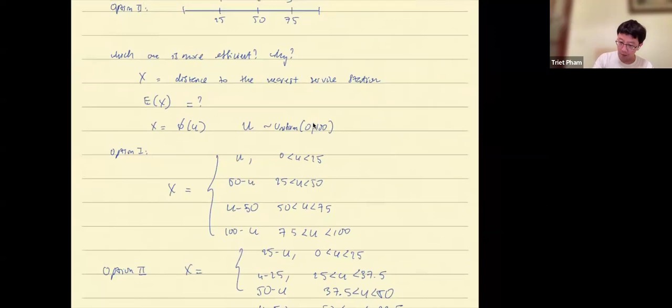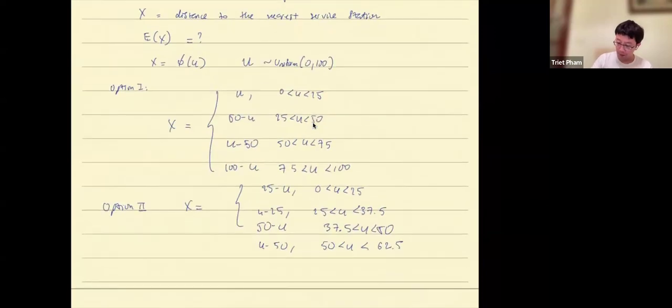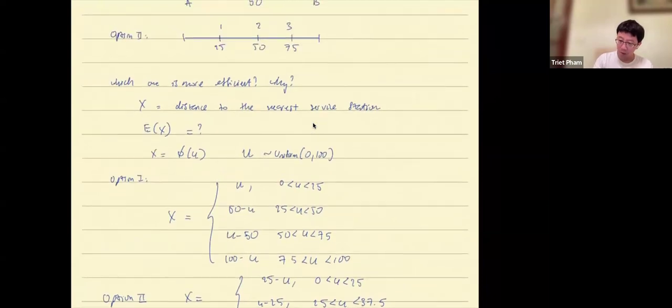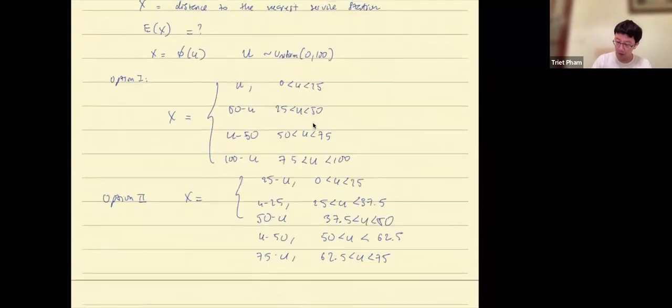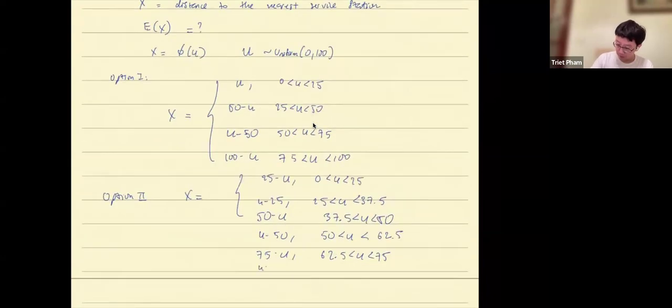And then you also have the midpoint here, 75 minus u. But if you go beyond 75, then 75 is the closest.